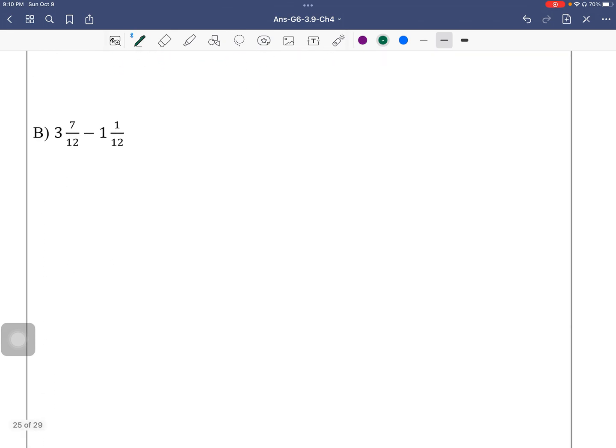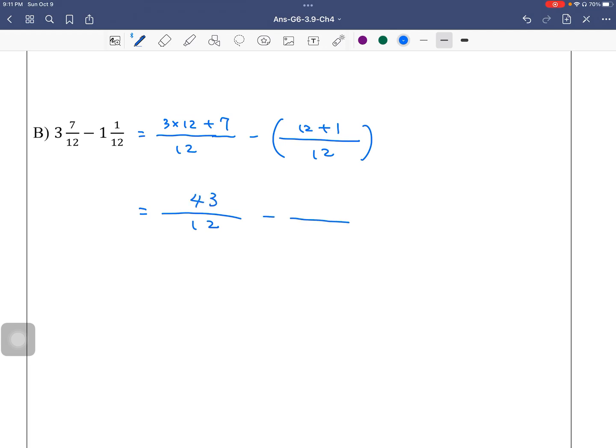And then now to subtract this, we have to switch it into improper fractions. So 3 times 12 is 36 plus 7 is 43, minus 13/12.